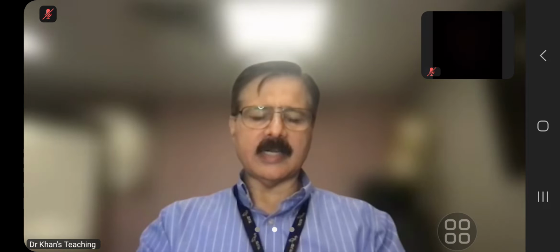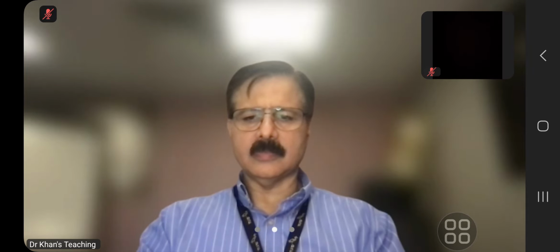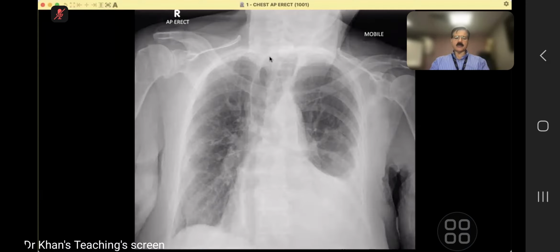And with that, now please remember that this is a favorite type of case in the exam where they will show you achalasia. And at times this achalasia will be more subtle than it is visible here.